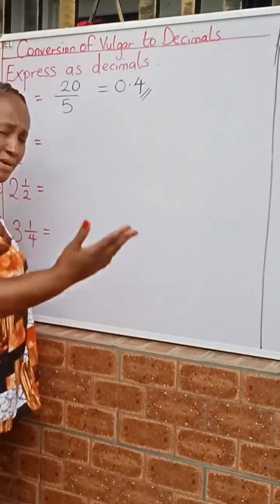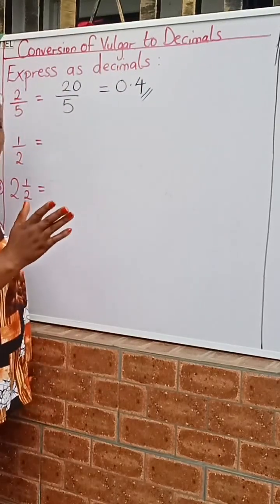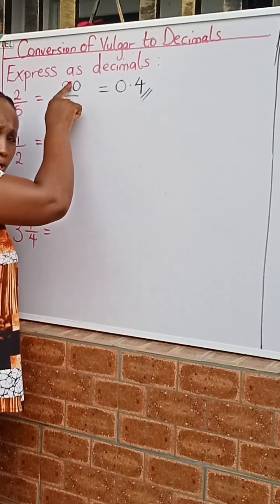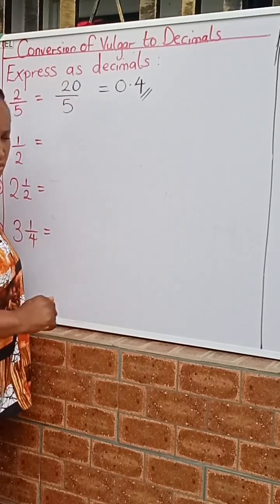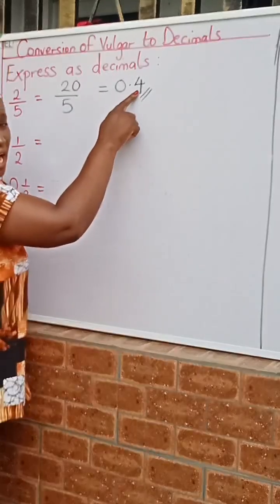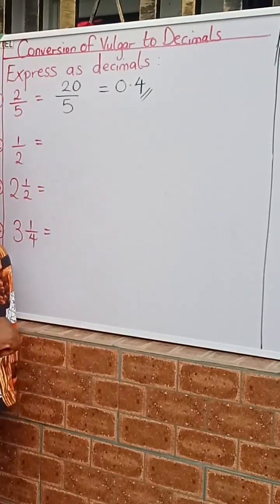So you have liberty to add as many zeros as possible, as long as the number can carry you. Now you have a bigger number up and a smaller number down, making this an improper fraction. So now you can divide. 5 divide 20 will now give you 4. There is no remainder, so this is why we are leaving our answer like this.